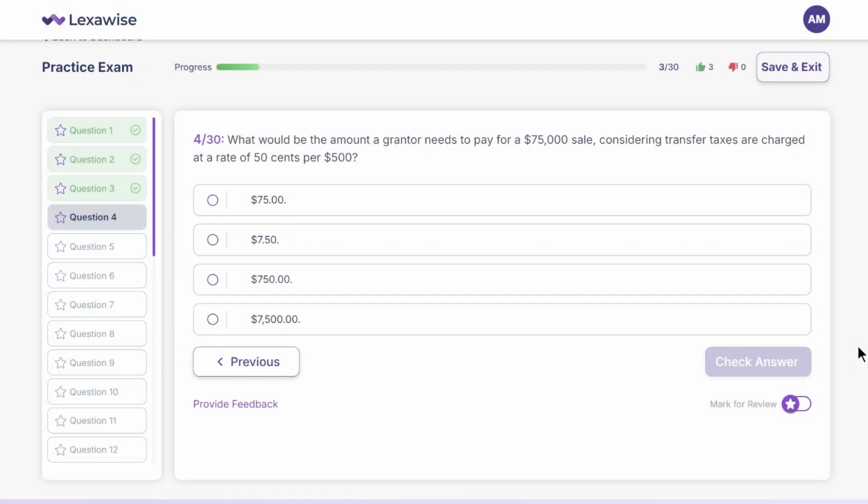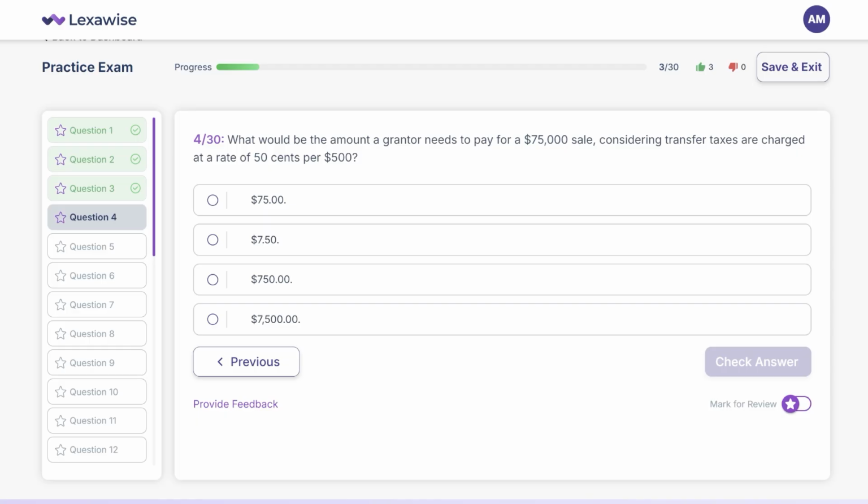Next up, what would be the amount a grantor needs to pay for a $75,000 sale, considering transfer taxes are charged at a rate of 50 cents per $500? A. $75. B. $7.50. C. $750. D. $7,500. Take a moment.